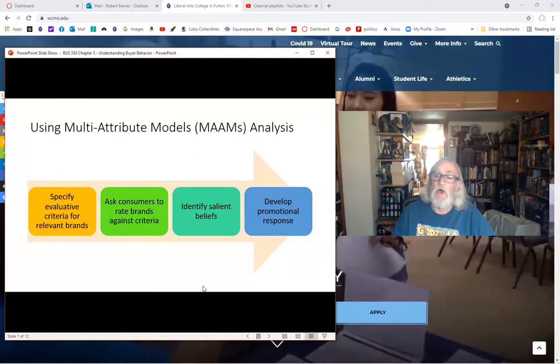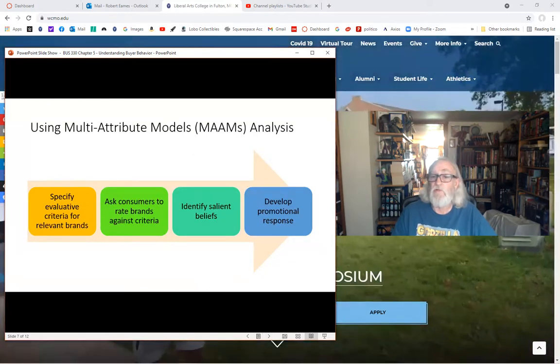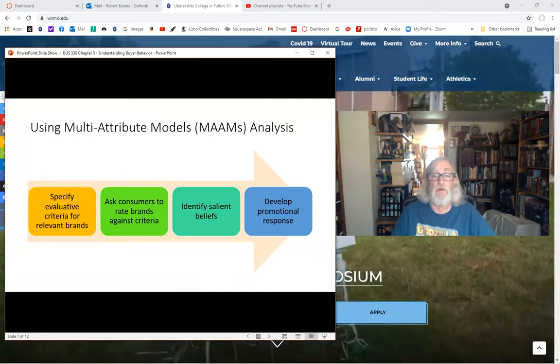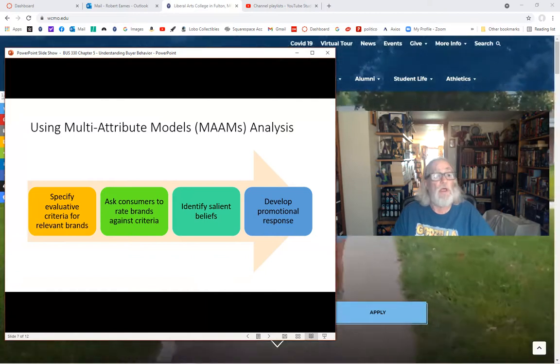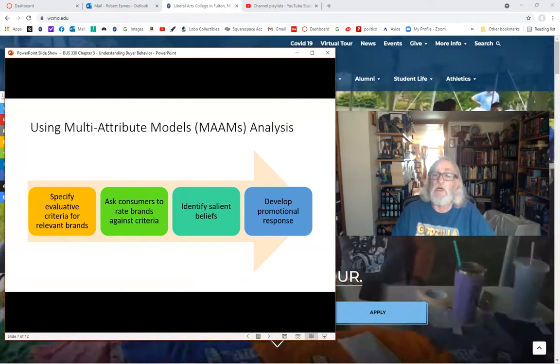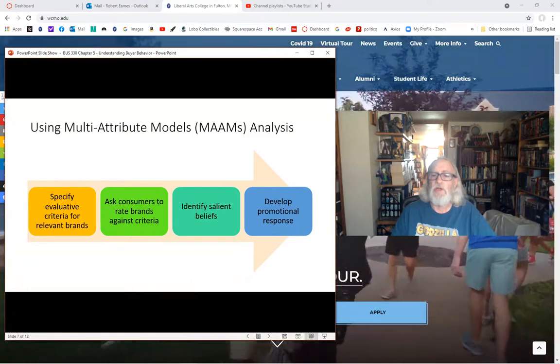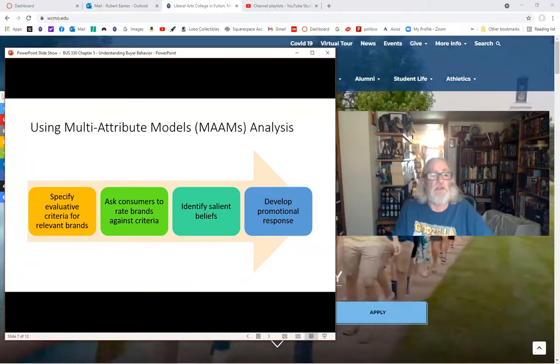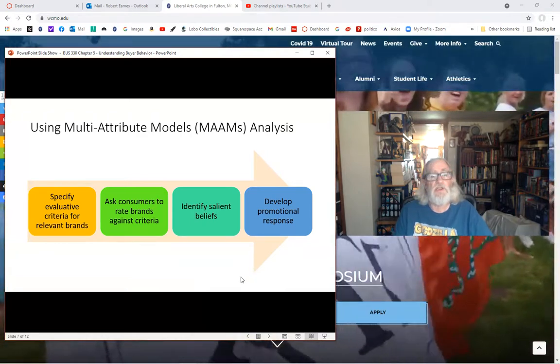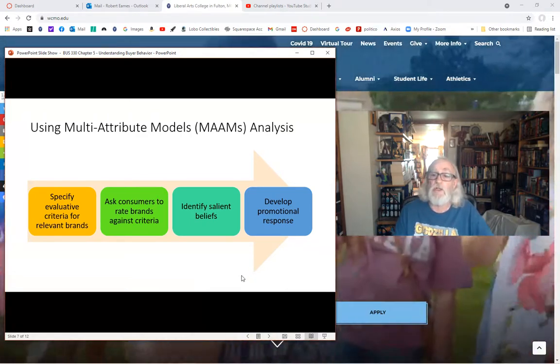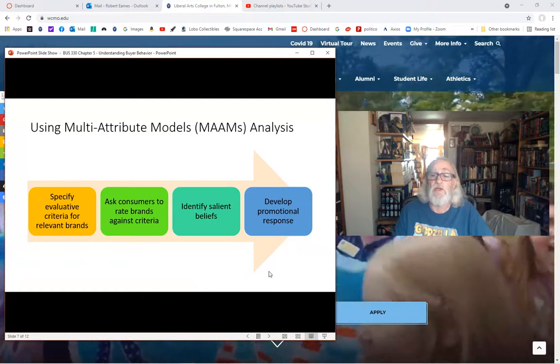Now, there are all kinds of models as well, like we have for decision making. We've got them for how you do analysis. The one in the textbook is the multi-attribute model. It really means that a person looks at multiple criteria when making purchase decisions. And it's a model that says consumers are rating brands against each other in these various categories of criteria.